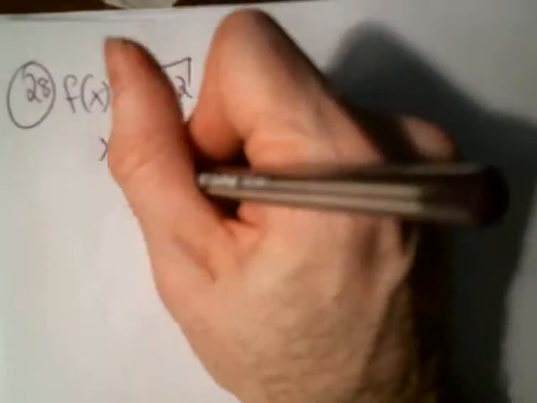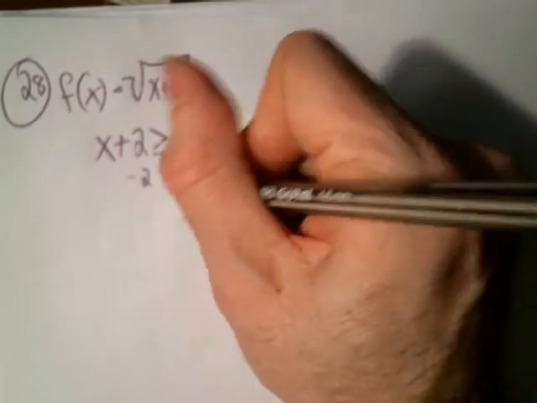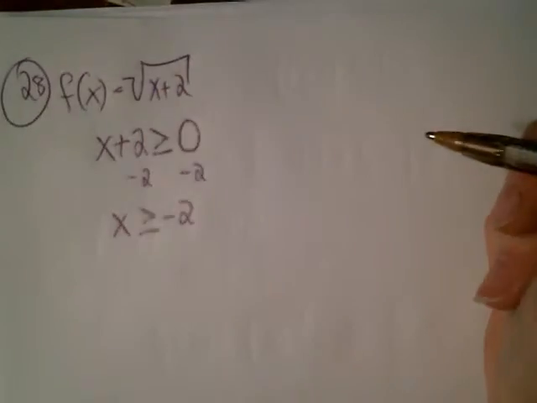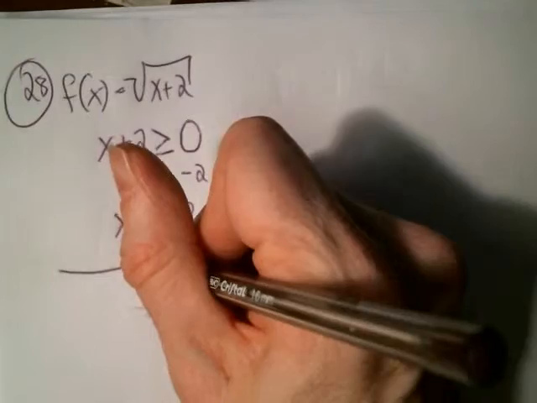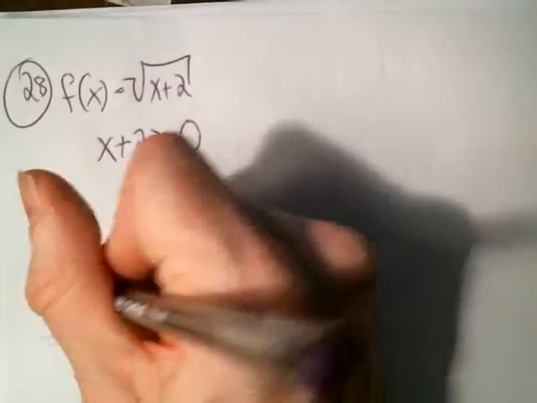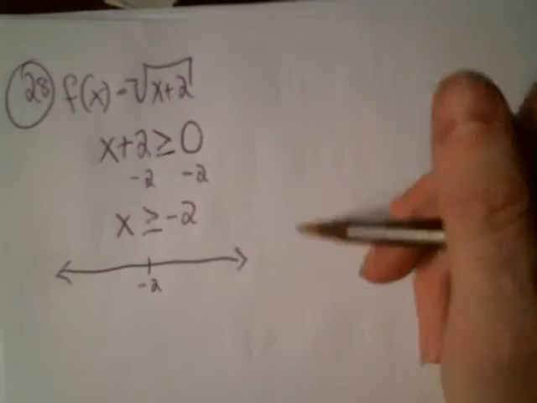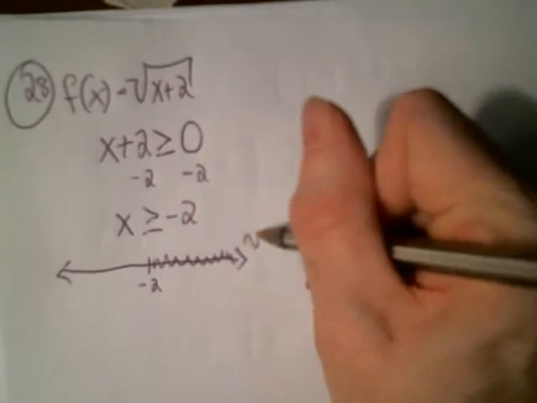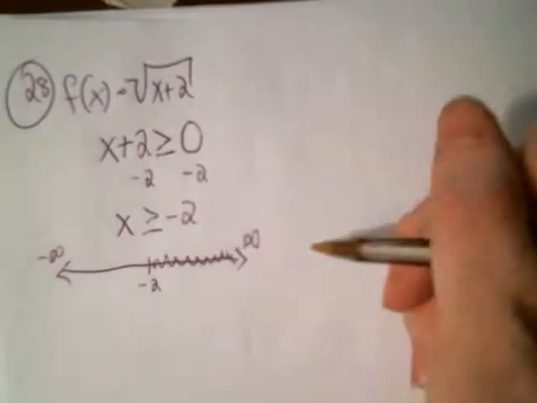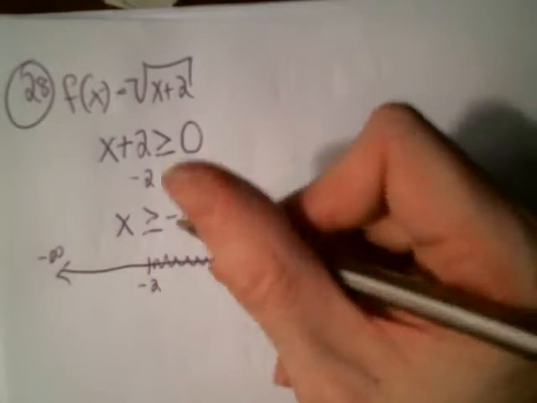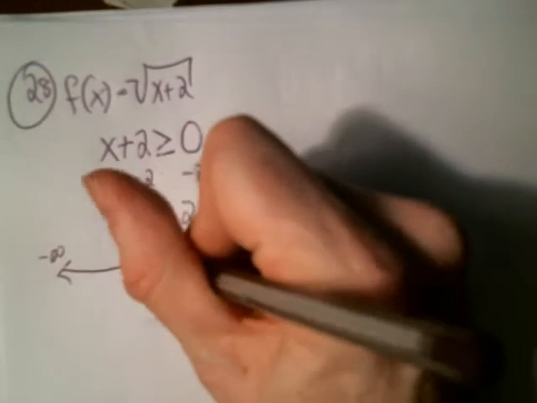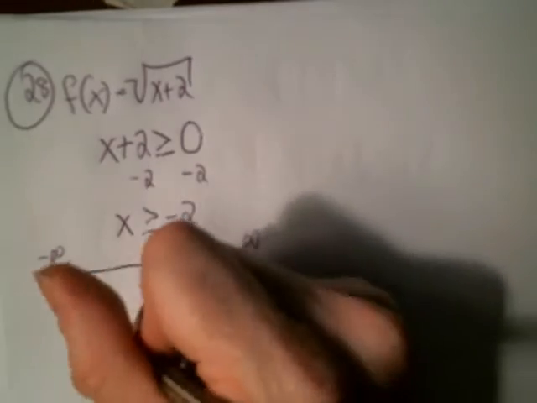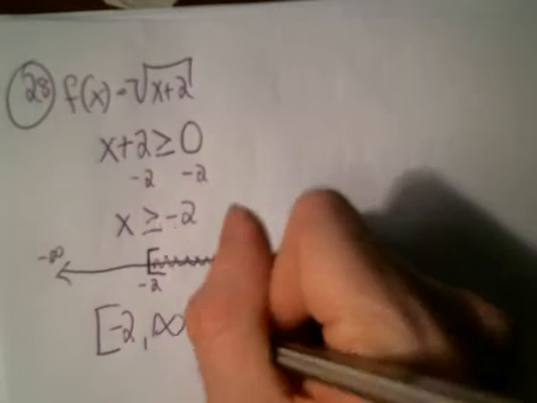So I'll subtract 2 from both sides, and x is greater than or equal to -2. On the number line, put a -2, and I want everything greater than that towards the infinity direction. Because of the line, I need to use a bracket or a closed dot, whichever one you prefer. But in your interval notation, you need to use the bracket. Okay?